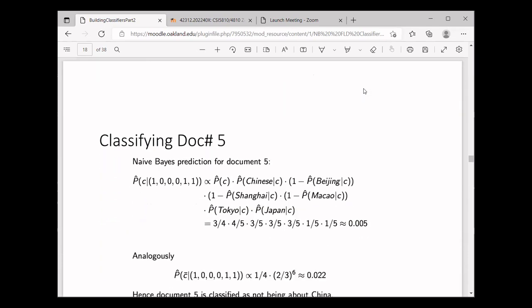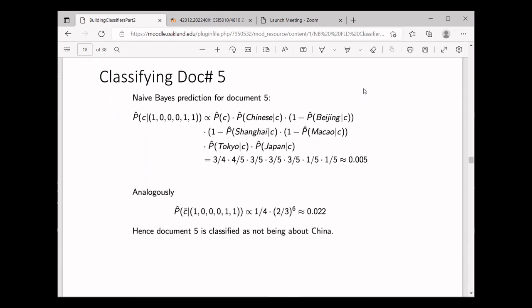Once you have those conditional probabilities, you can take document 5, plug in those conditional probabilities, and get an answer. Based on the 2 numbers that you get, document 5 is classified as not being about China.